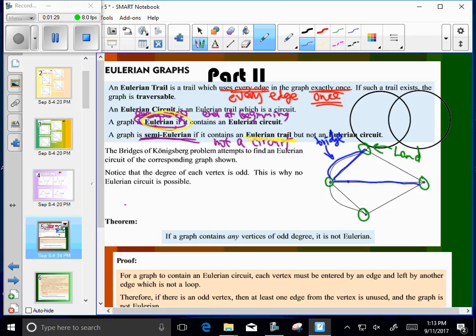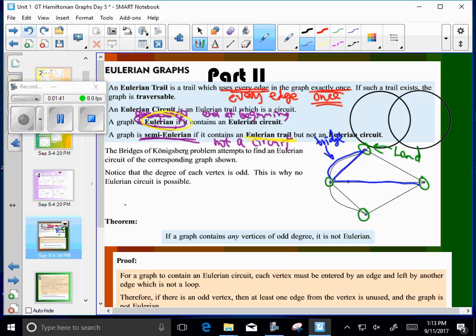So if we started here and we went here, oh, that's not going to work. So we want to get rid of that. Okay, let's see. Let's start here. Go there. Ooh, that almost worked.